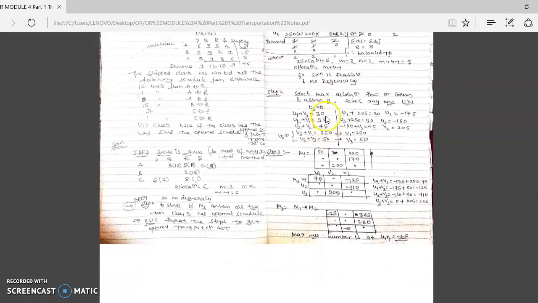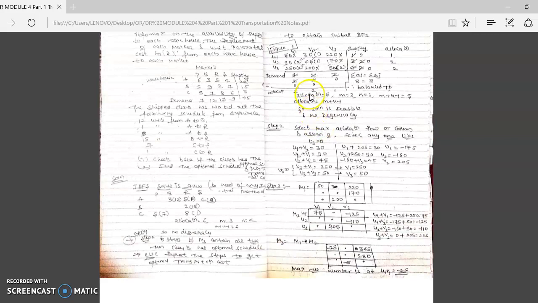In step 2, rewrite the matrix. So, writing here U1, U2, U3, V1, V2, V3. Allocated elements are there, non-allocated elements are there. In step 2, find the max allocation row.